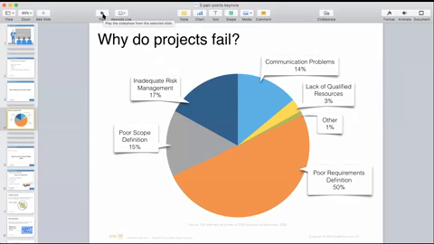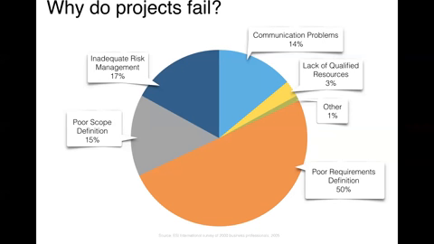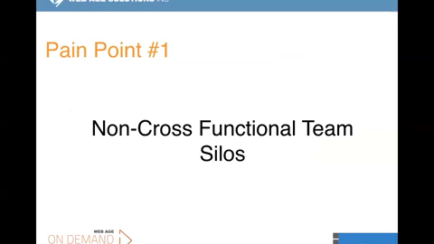Or why do projects fail at your organizations? If anybody would like to speak up, you might be muted, so you have to unmute yourself. Anybody have any thoughts? All right, interrupt me if you have some.